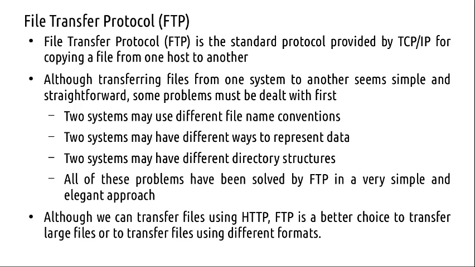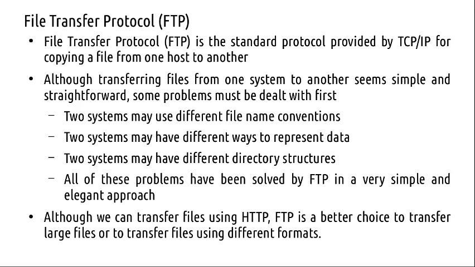The problem with file transfer is that there is heterogeneity when two systems try to communicate. There is a difference in the naming conventions, a difference in the formats used to represent the data, and the file listings and directory structures might be different.